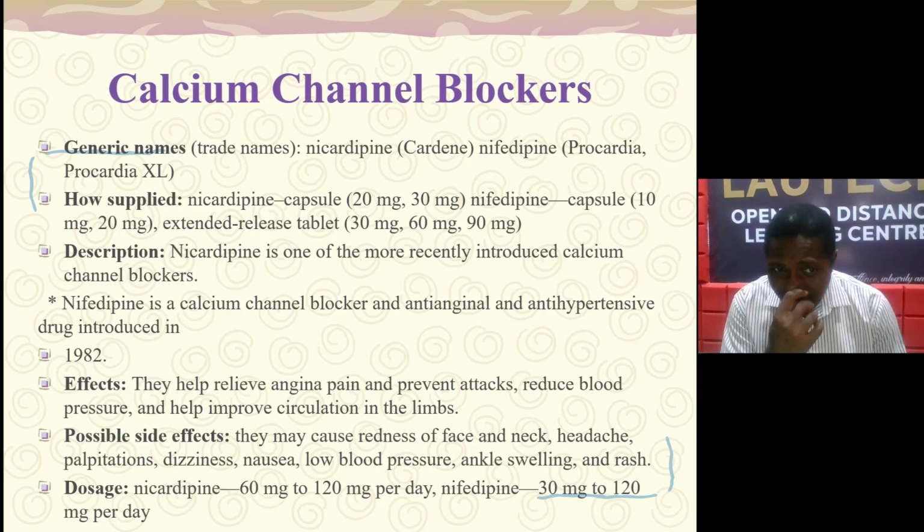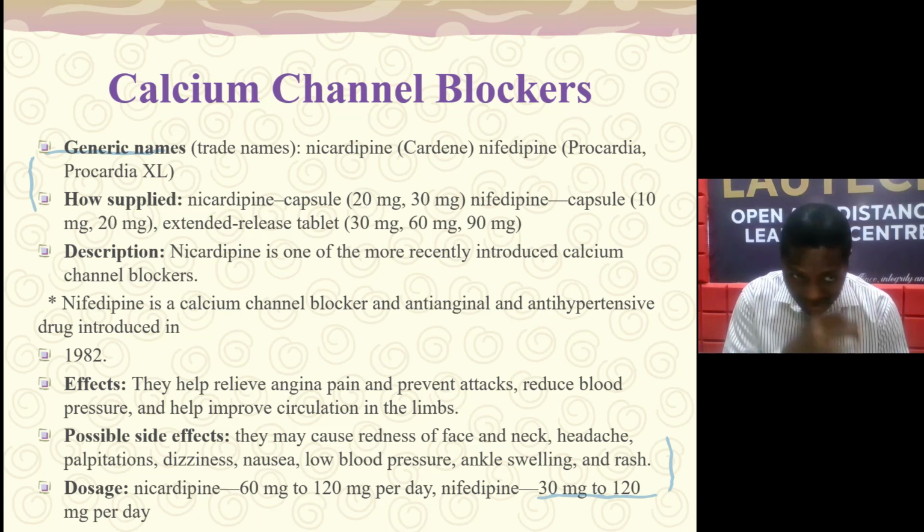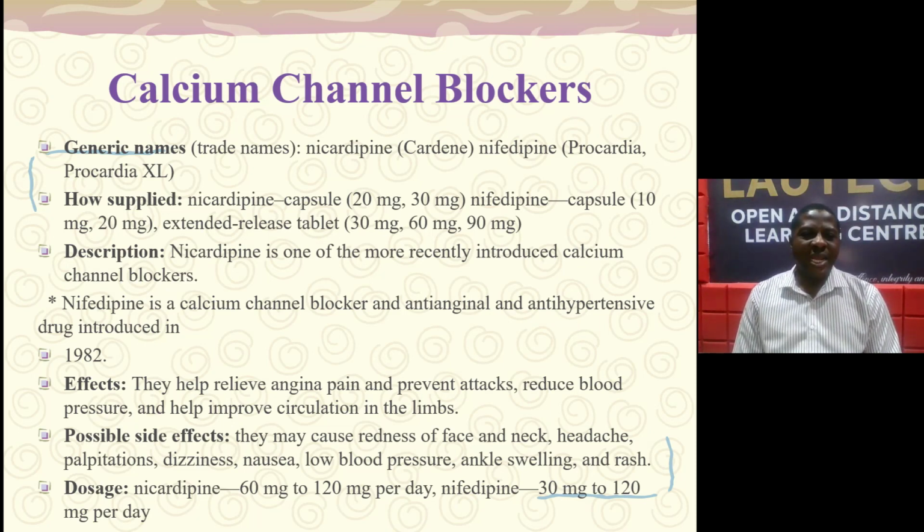Nicardipine is one of the most recently introduced calcium channel blockers. It is a calcium channel blocker and anti-angina and anti-hypertensive drug introduced in 1962. Now, the effect of these drugs is that they help relieve angina pain and prevent attacks, reduce blood pressure, and help improve circulation in the limbs.